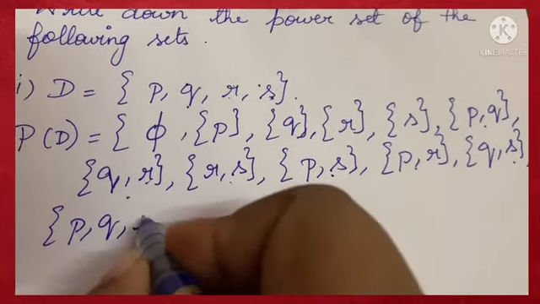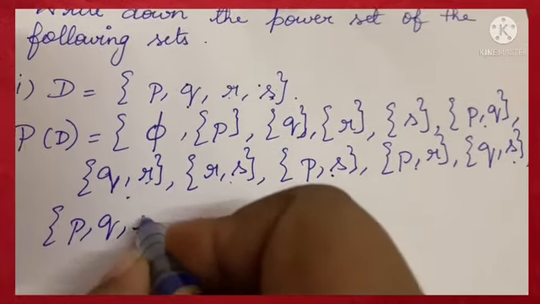PRS is a subset. PQS is a subset. Anything else I can pair with? No. The last one is PQRS. The set itself is a subset.